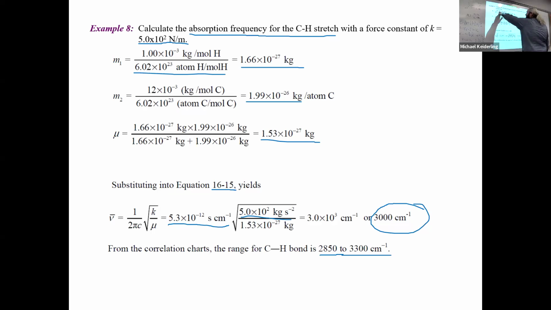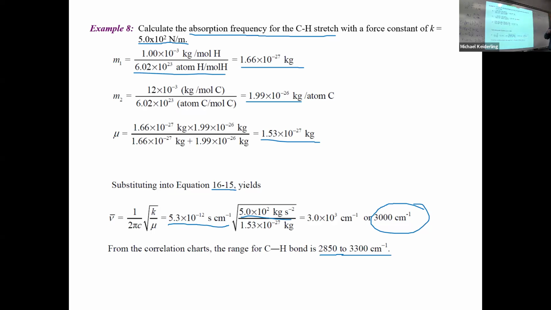Mass of the hydrogen: 1 times 10 to the minus 3 kilograms per mole, divided by 6.02 times 10 to the 23 atoms per mole, gives us a mass of hydrogen of 1.66 times 10 to the minus 27 kilograms. For carbon, it's 12 times 10 to the minus 3 kilograms per mole, so it's 12 times as much as the hydrogen. It's 1.99 times 10 to the minus 26 kilograms per atom of carbon.